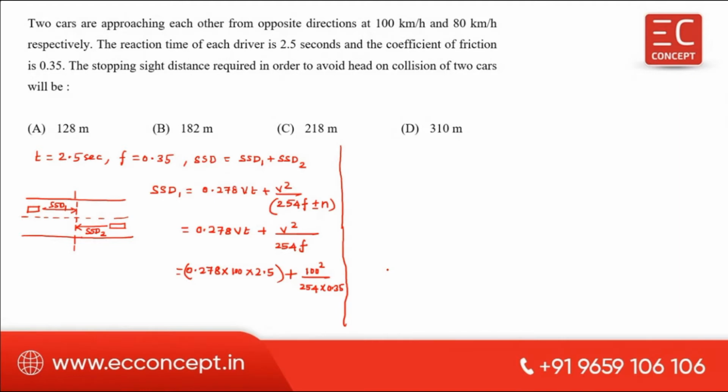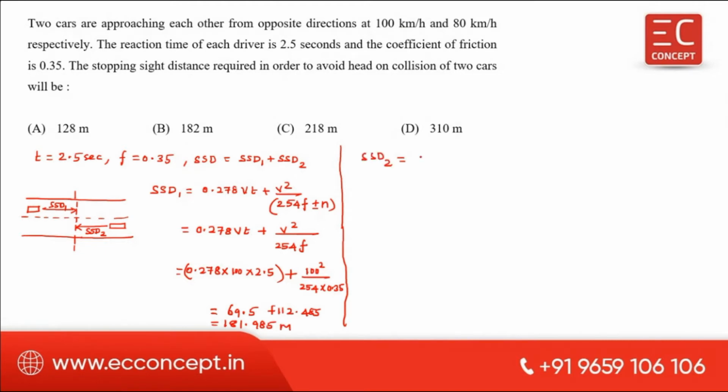If you substitute the values, you will get 112.485. 0.278 into 100 into 2.5 is 69.5, plus 112.485, so 181.985, which is equal to 181.985 meter.